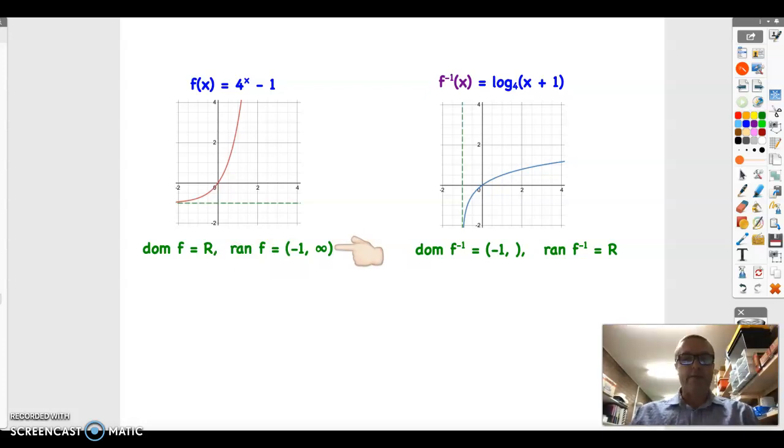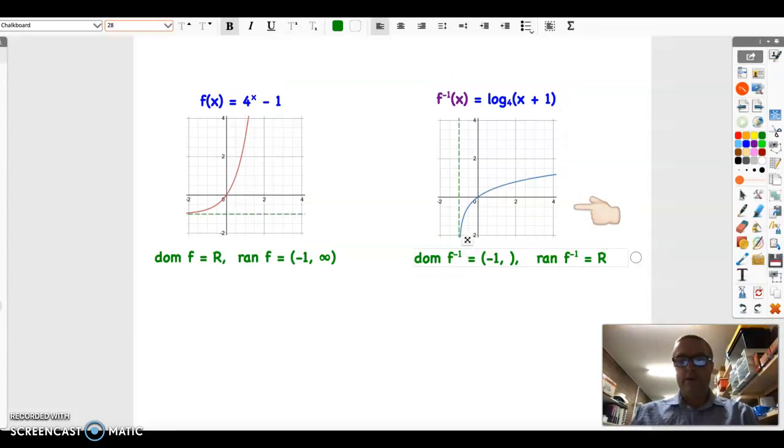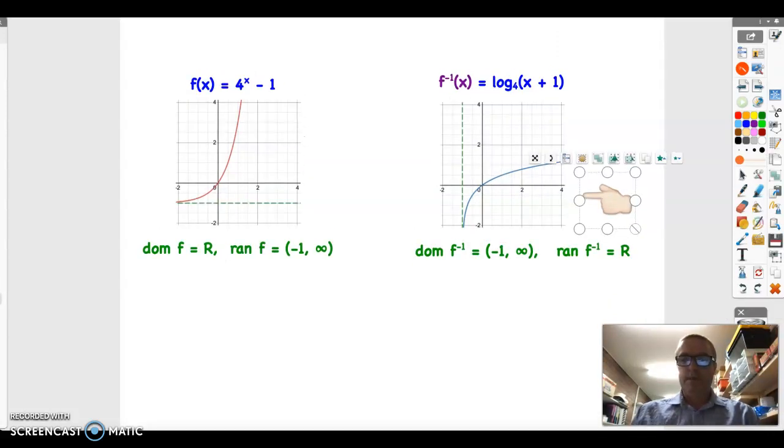When we look at the domain and range of the inverse function, because of the vertical asymptote and the shape of the graph, its domain is now all the values above -1. And the range is all of the real numbers.